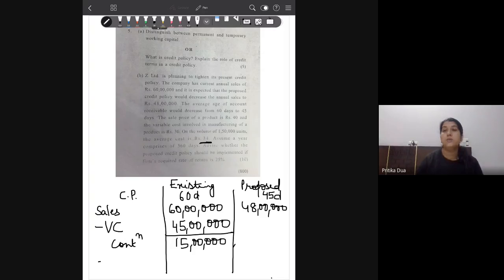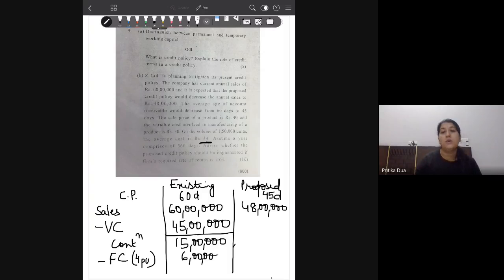Now we need to reduce the fixed cost. Now in the question you are not given the fixed cost explicitly, you are given that the average cost is 34. Now average cost is sum total of variable cost and fixed cost per unit. So your variable cost is already given as 30. This means that the fixed cost is 4 rupees per unit. 34 minus 30. At 4 rupees per unit, your fixed cost comes to 6 lakh rupees.